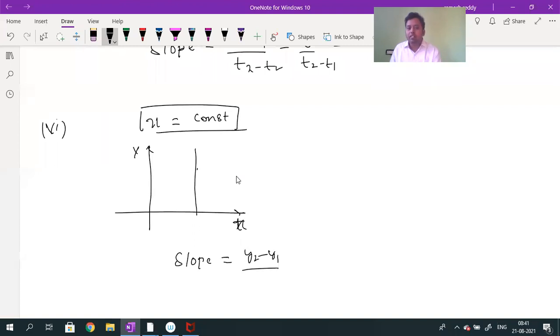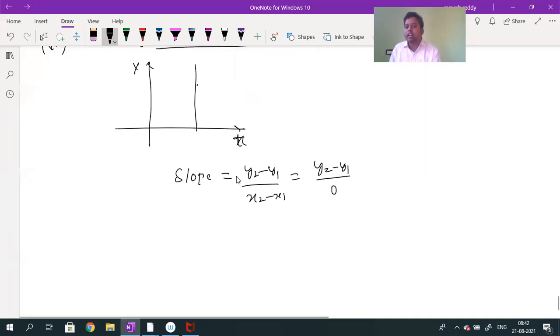Which value is constant? The x value. So the y2 minus y1 value will be some value, but x2 minus x1 is 0. Something divided by 0 will give you infinity. So the slope value will be equal to infinity. What is the slope of the graph which is parallel to the y-axis? The slope is undetermined, which is infinite.